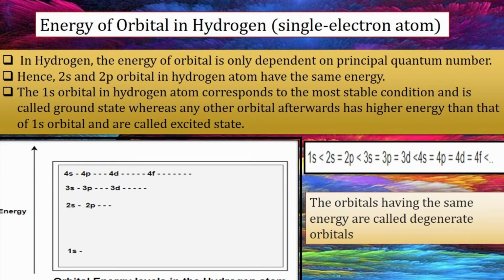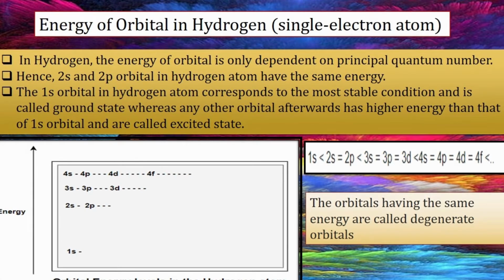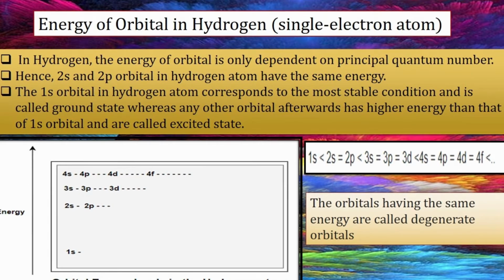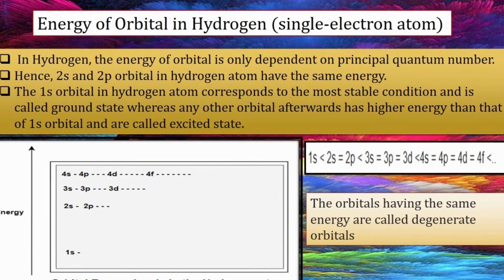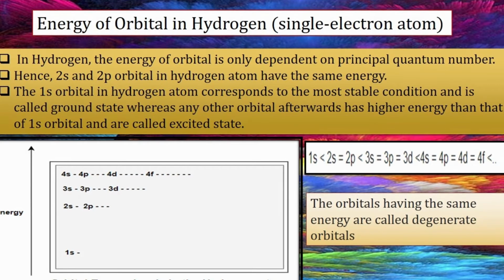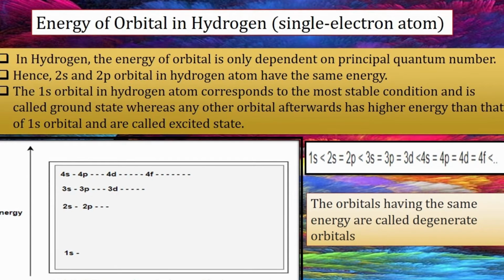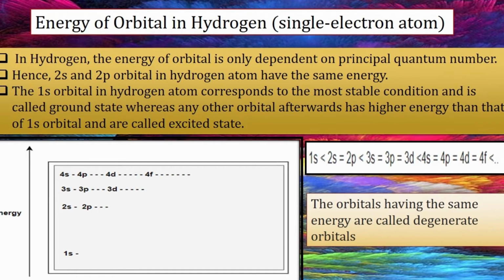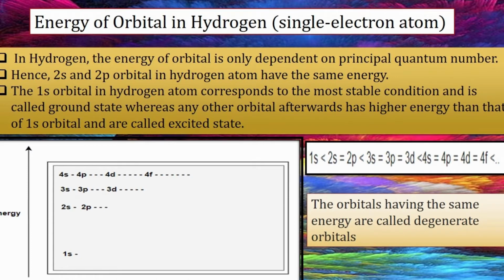Similarly, all the orbitals of the third shell, that is 3s, 3p and 3d, have the same energies, and all the orbitals of the fourth shell, that is 4s, 4p, 4d and 4f, have the same energies. The orbitals having the same energy are called degenerate orbitals.